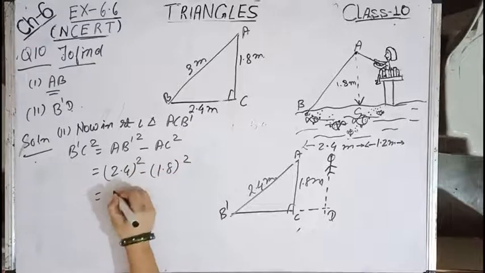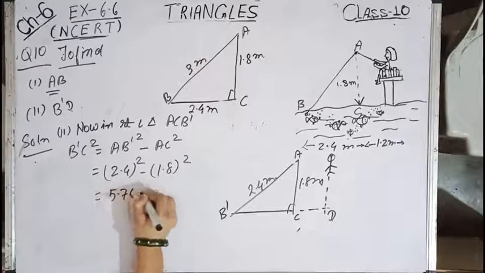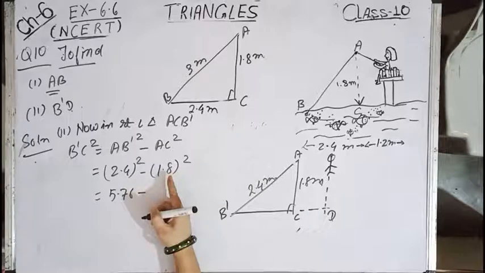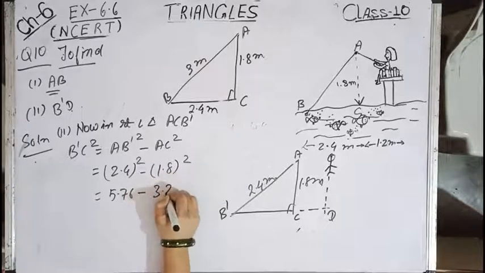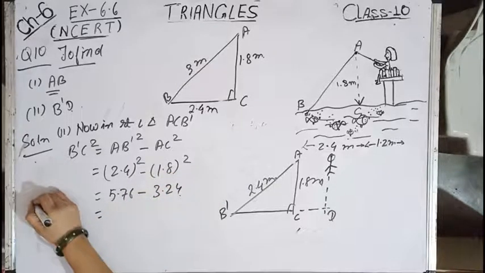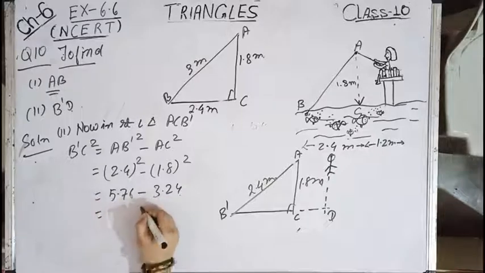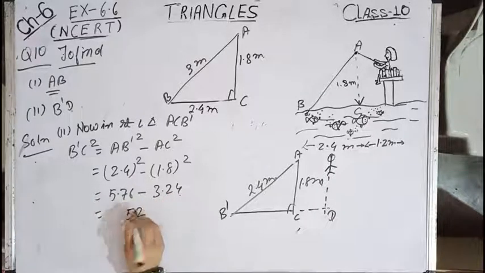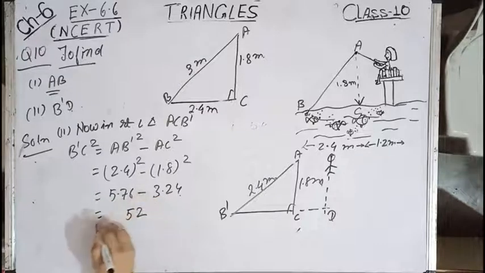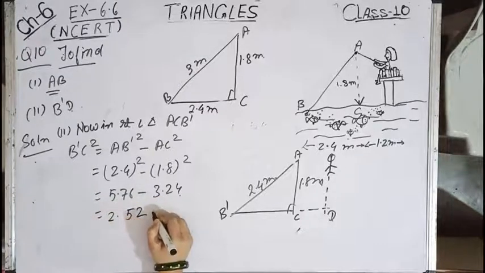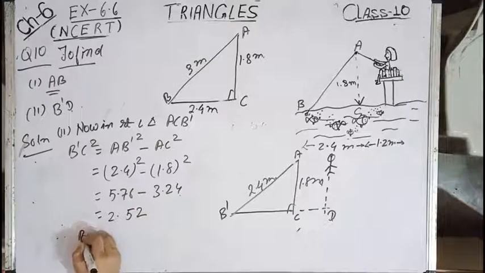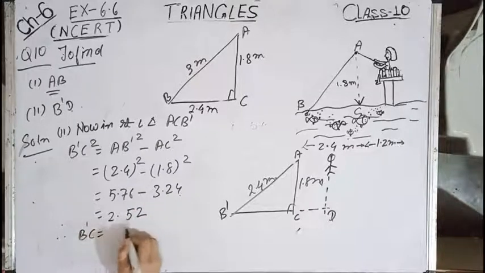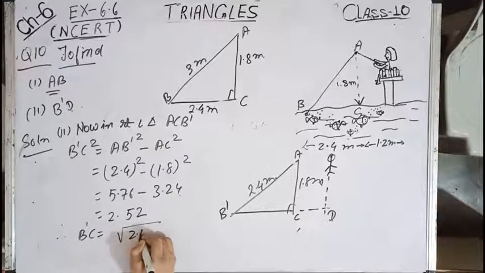Now right now we have done 5.76 minus 3.24, so this will be 2.52. Therefore B dash C will be equal to under root 2.52.